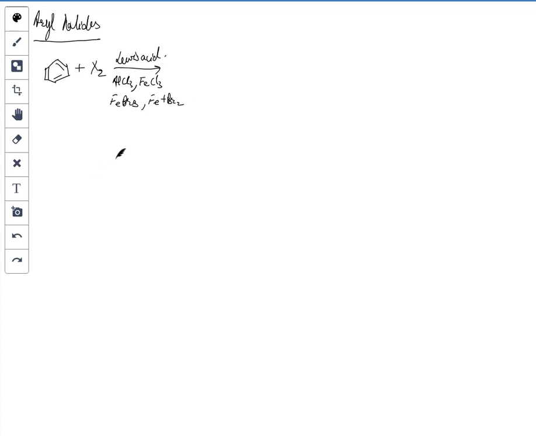Fe plus Br2 is actually going to react, iron is going to react with bromine and form the ferric bromide right in the reaction mixture, which is going to act as a Lewis acid, and then FeBr3 is going to react with bromine and do the bromination.